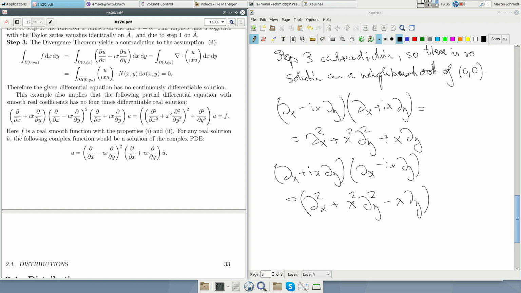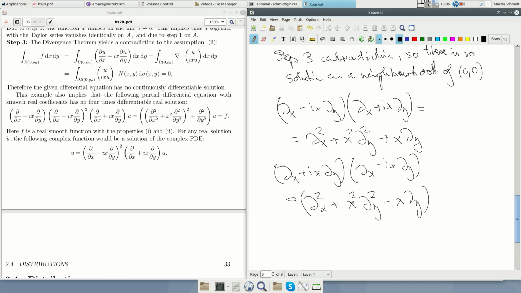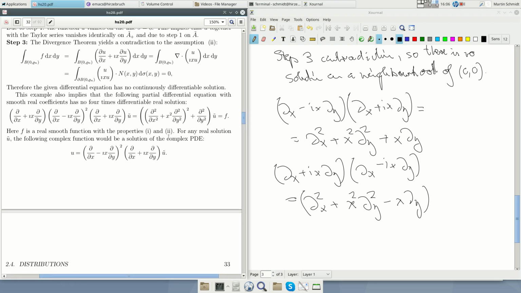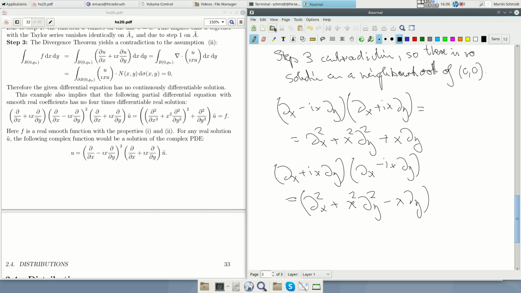If we multiply this out, the y cancels, we take the derivative, and this term and this term are not there anymore.